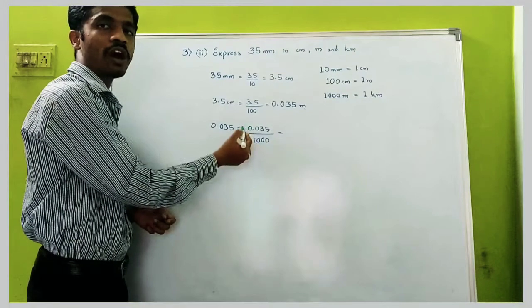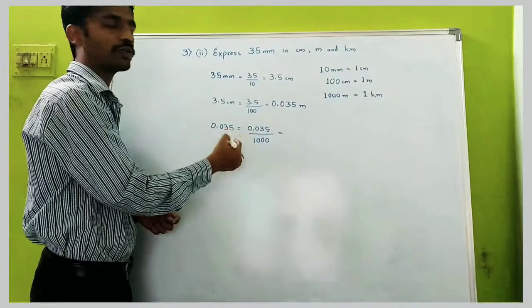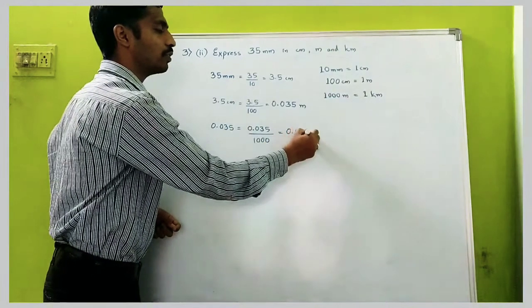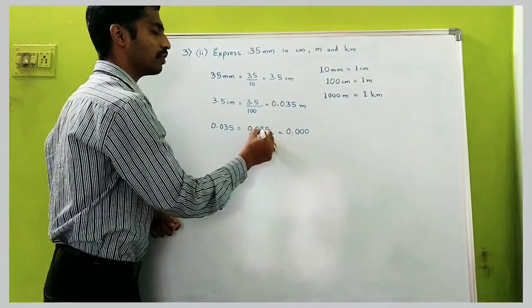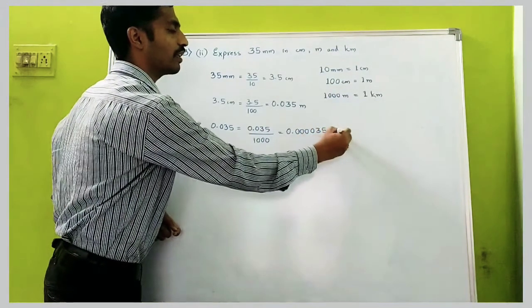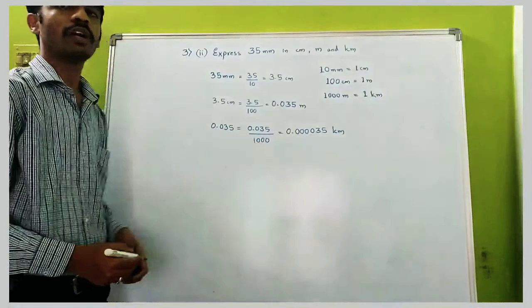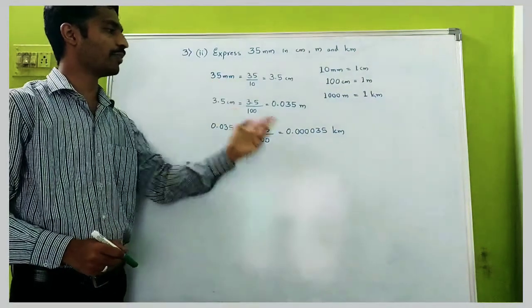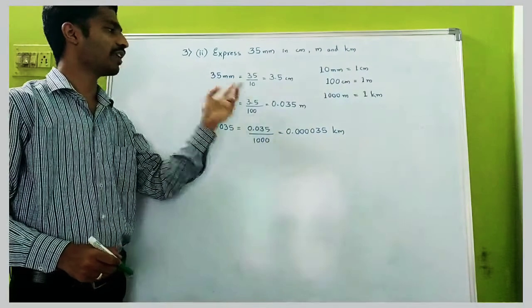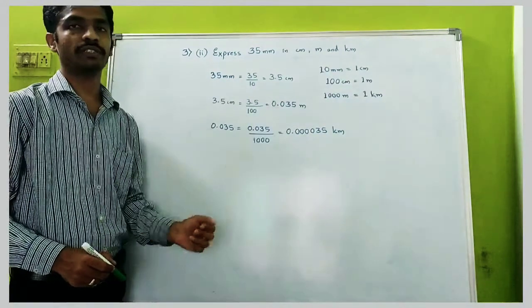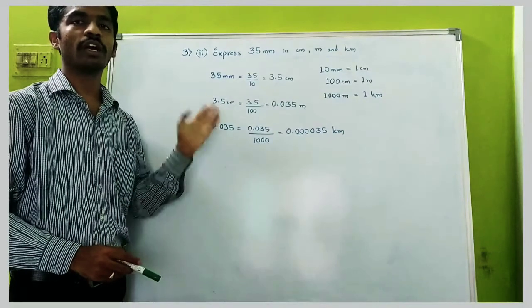What do we have to do? After the 3 zeros we put the point. So 1, 2, 3. Okay, again 0.35. So this is in kilometer. So this is our answer, which we can convert 35 mm into kilometer, 35 mm into meter, and 35 mm into centimeter. So like this you have to do the other problems.